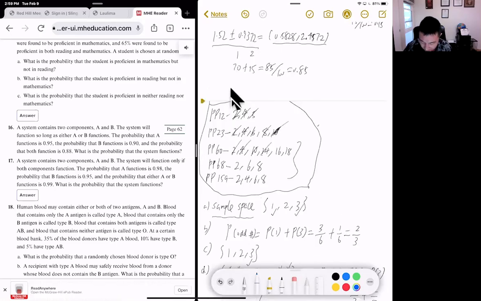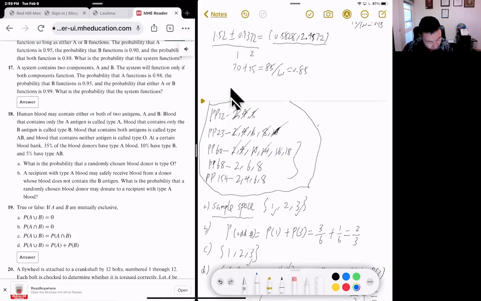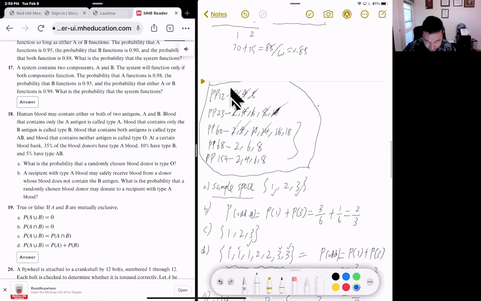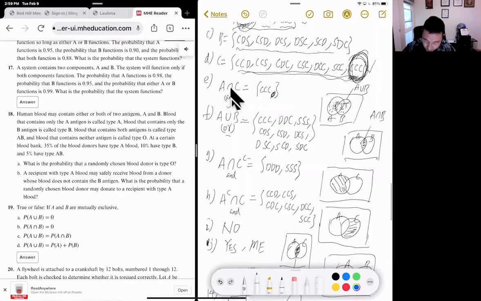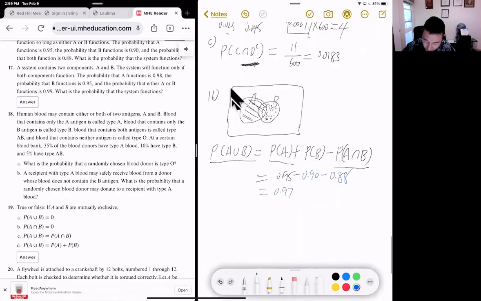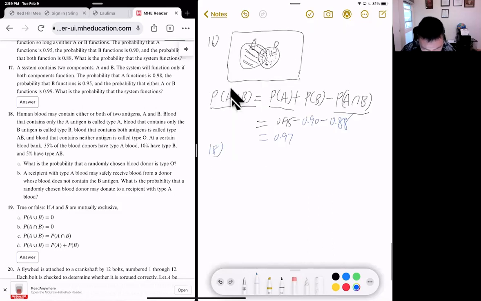Question number 18 now. Looking at here. So human blood may contain either or both of two antigens, A and B. Blood that contains only the A antigen is called type A. Contain only the B antigen is called type B. And contain both antigens is called type AB.